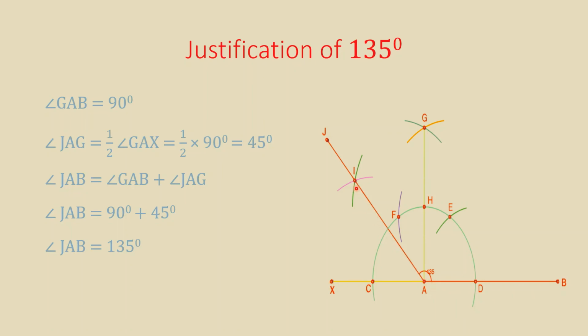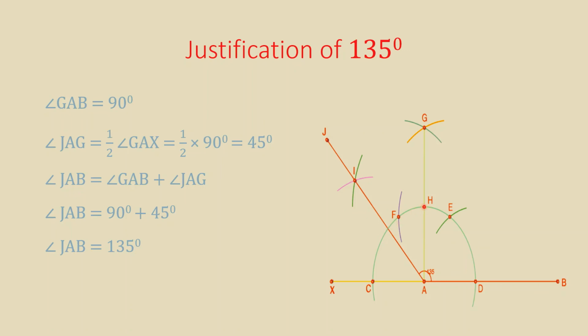AJ bisects this 90 degrees. This is the midpoint of this arc, so this arc is 45 degrees. It makes 45 degrees at the center of the circle.